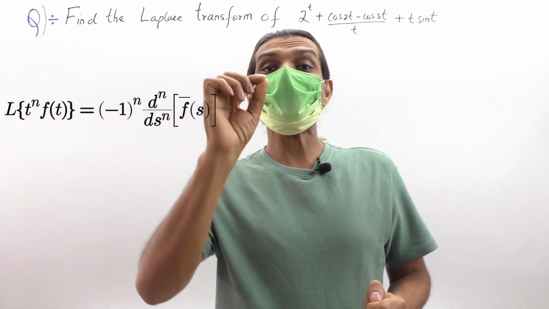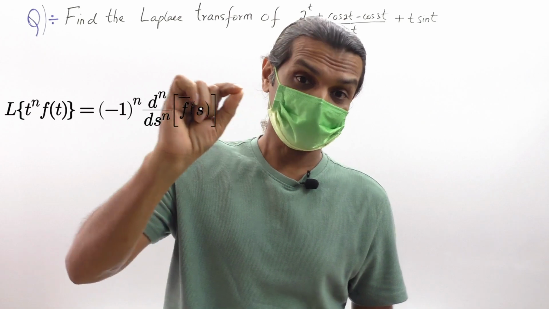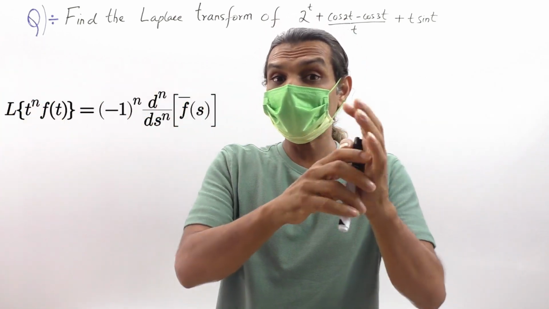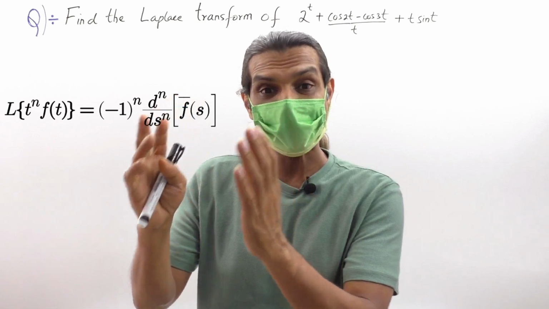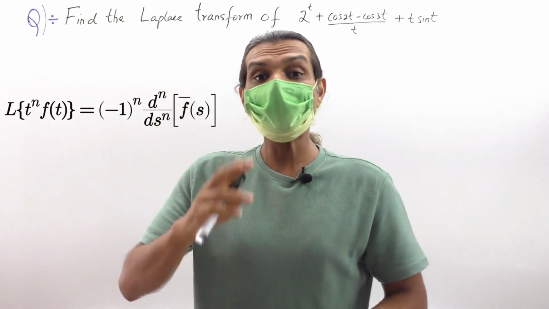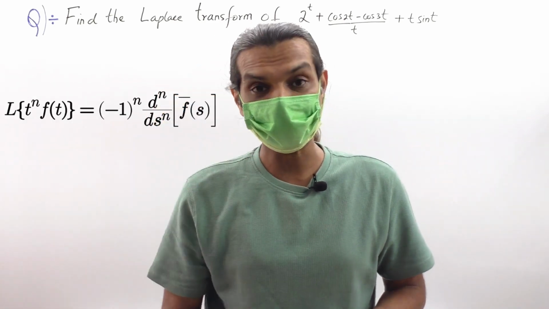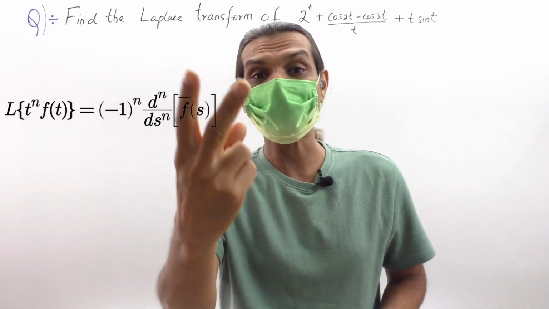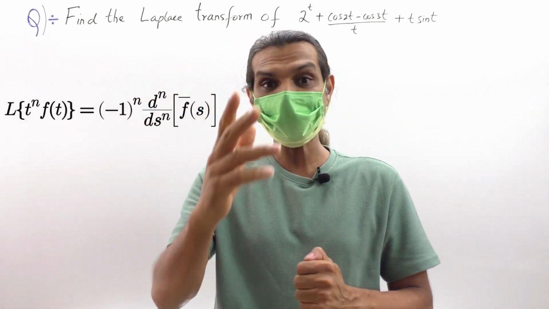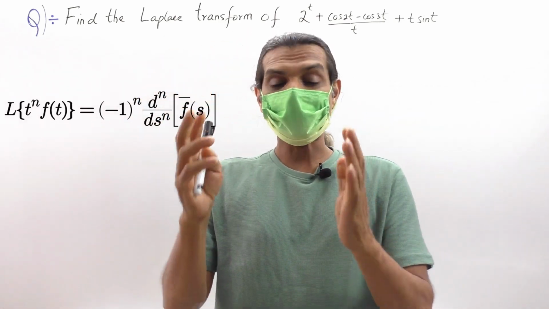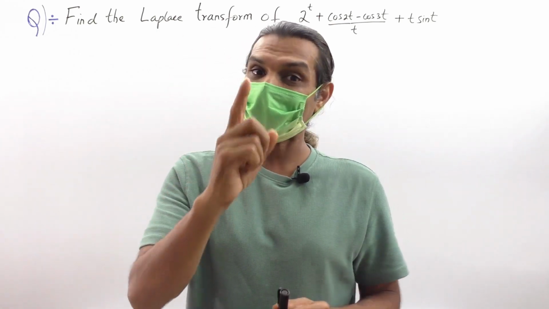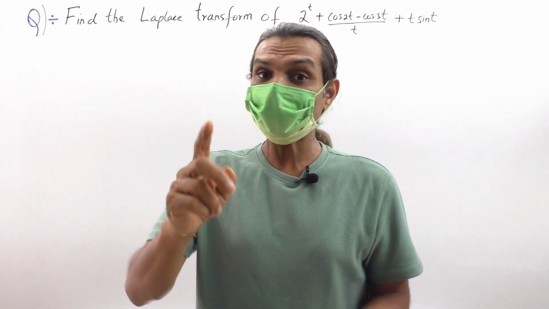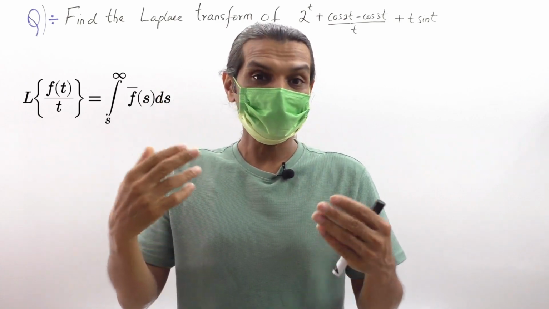When an expression is multiplied by t raised to n, the t raised to n is not involved in the answer. Its meaning is: whatever is beside it, find the Laplace, and differentiate n times. If it is t, it means 1 time, t square 2 times, t cube 3 times, and so on. Differentiate once, twice, thrice, and multiply that answer by minus 1 raised to n. So if it is only once, multiply by minus. If it is 2, minus 1 the whole square is plus.